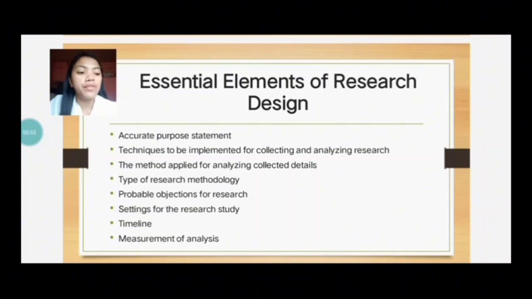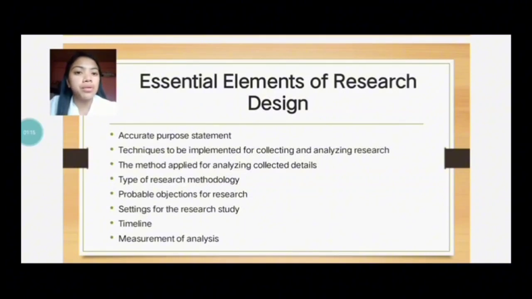The method applied for analyzing collected data: this specifies the procedures and methodologies for analyzing the data obtained. It can involve quantitative methods like statistical tests or qualitative methods like thematic analysis, depending on the research nature.